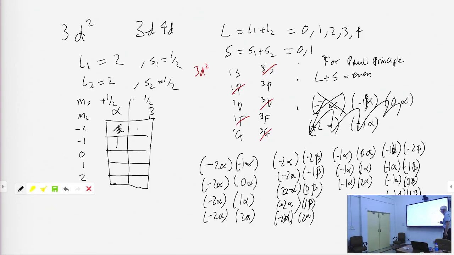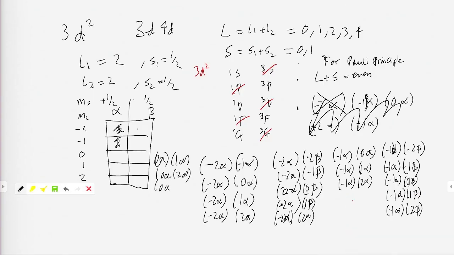Okay, so we've got 17 and counting. We've done that box. 0 alpha, 1 alpha, 0 alpha, 2 alpha, 0 alpha, minus 2 beta, 0 alpha, minus 1 beta, 0 alpha, 0 beta, 0 alpha, 1 beta, 0 alpha, 2 beta. So they are getting smaller as we go through them.